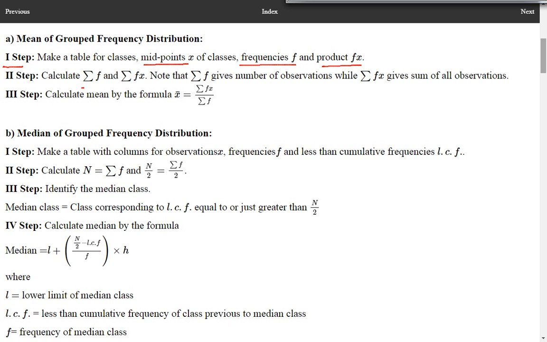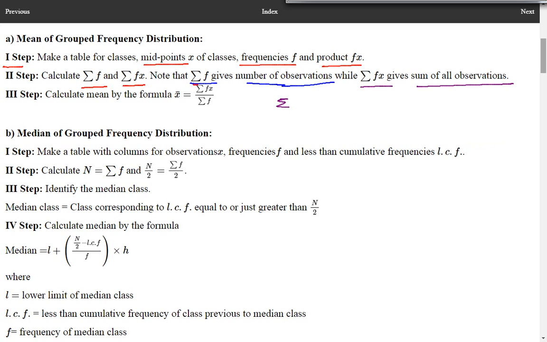Then find summation f, summation fx. Summation f gives number of observations, whereas summation fx gives sum of all observations.